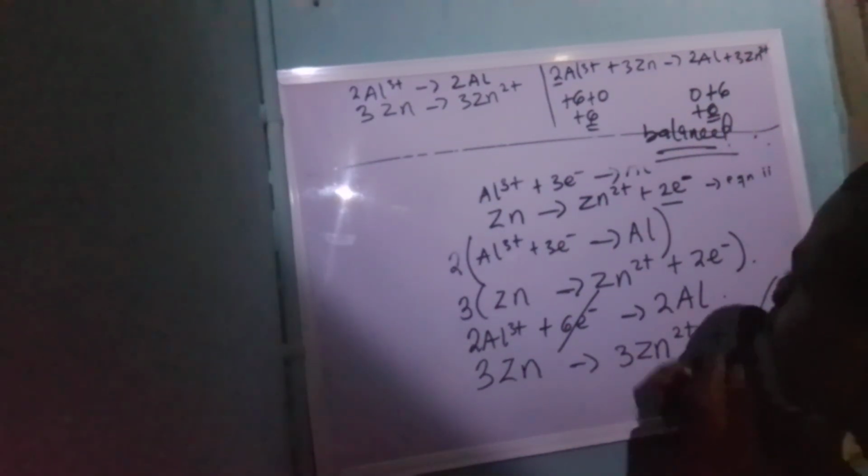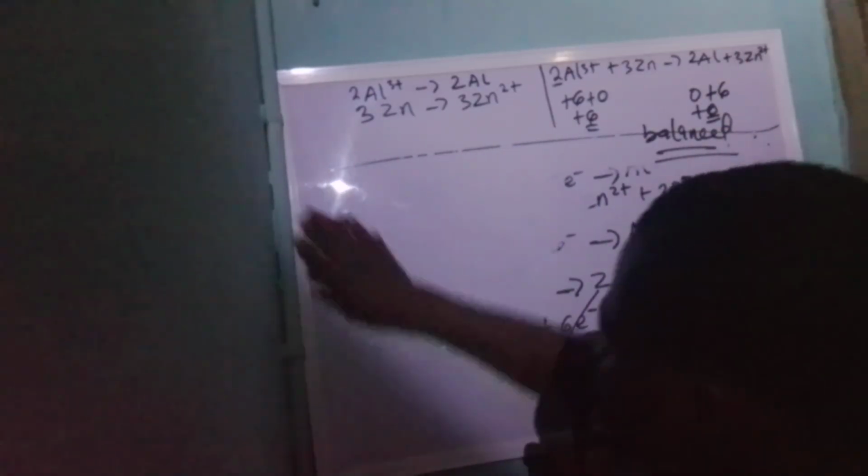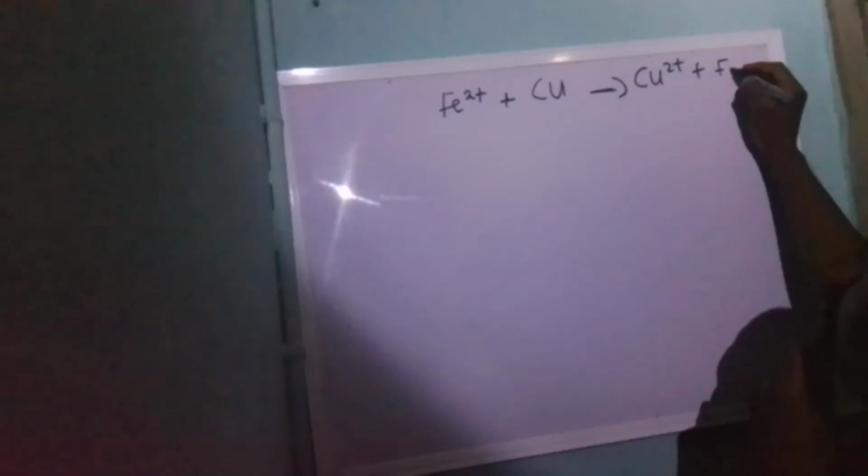Now let's check the second example. I was given an equation like this: Fe3+ plus Cu to give me Cu2+ plus Fe2+.